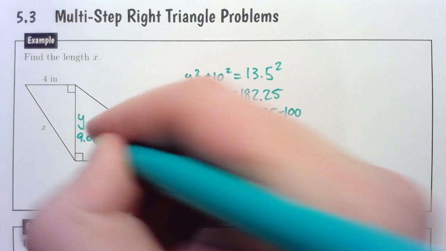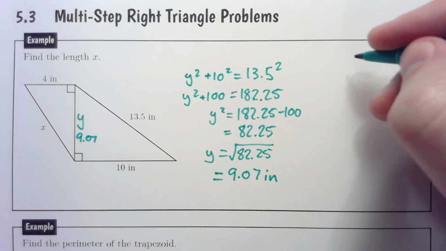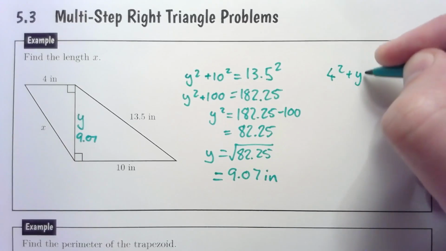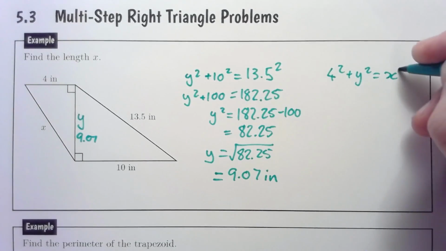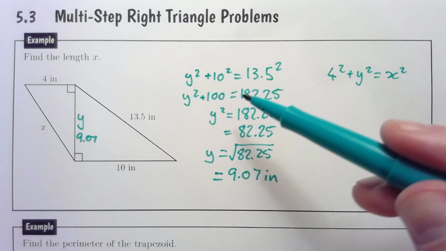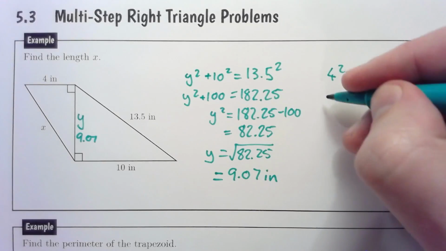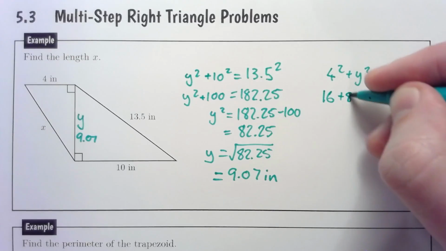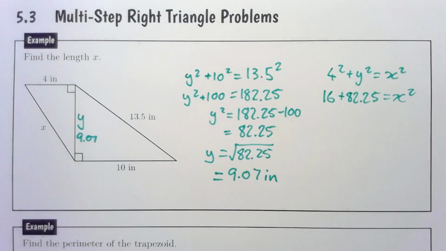Now that we know y, we can use that to help us figure out what x is. So 4 squared plus y squared equals x squared. Now the reason I've written it like this is we don't actually need to use our 9.07 because we already know what y squared is. It's 82.25. So 4 squared is 16. y squared is 82.25, and we don't know what x is.